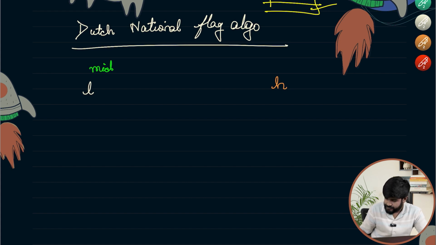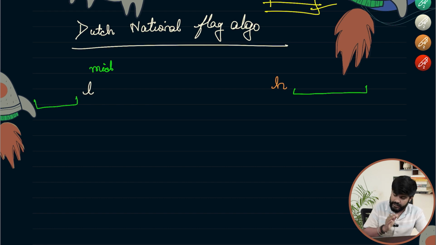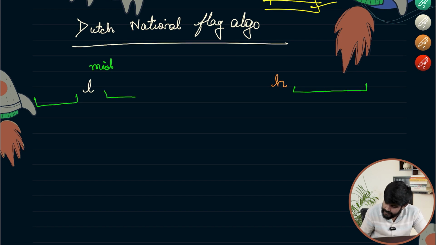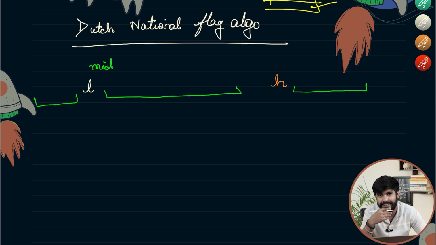It would try to have all the values which are greater than high here, and all the values which are less than low here, and all the values which are between low and high here. And the point is how it would be done, Siddharth.